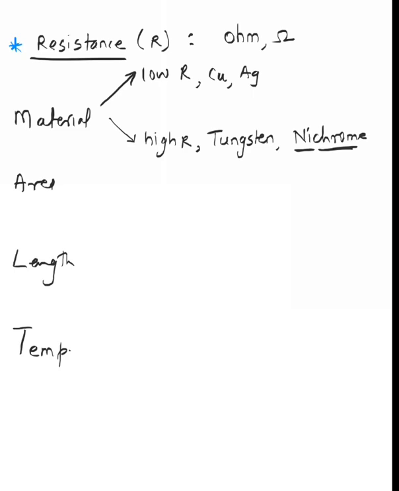Okay. Then guys, next is the area. How does area affect resistance? Area and resistance are inversely proportional. It means if you increase the area of cross section, resistance will become lesser. So let's say there are two wires over here. You know the meaning of cross section, right?